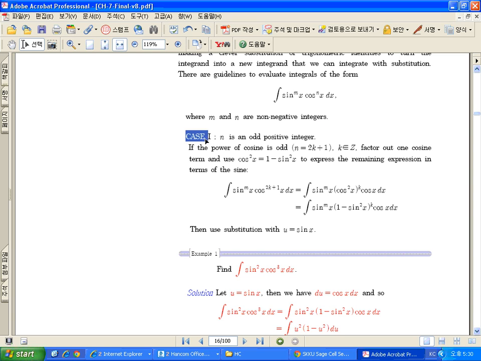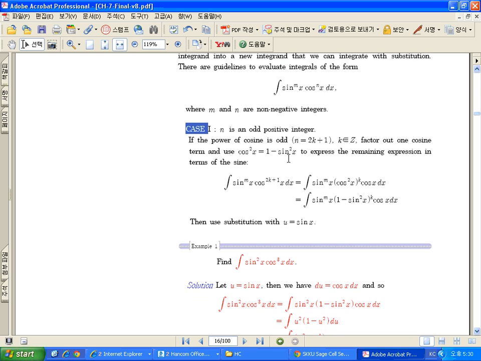For case 1, if n is an odd positive integer, then you use cosine square x is equal to 1 minus sine square x to express the remaining expression in terms of sine, like this. Then this original integration can be rewritten in this way.